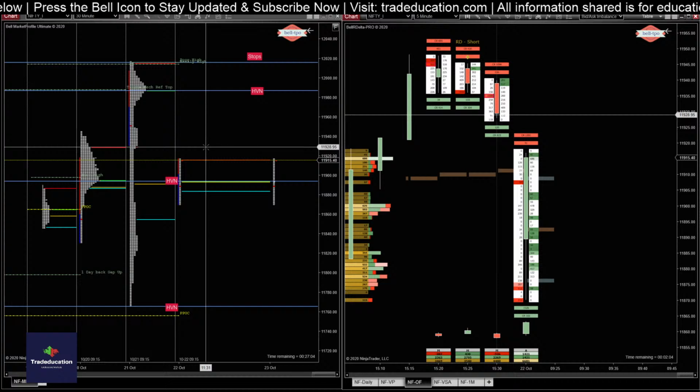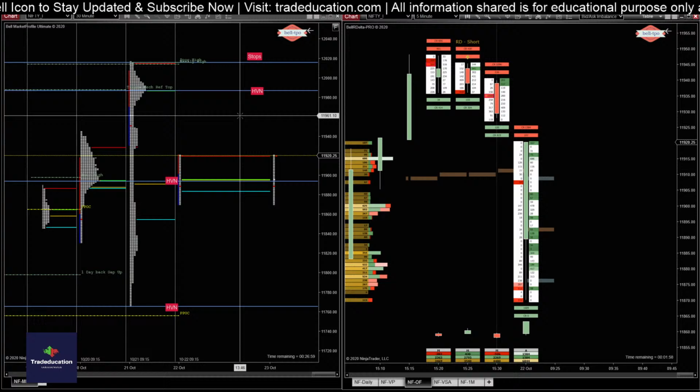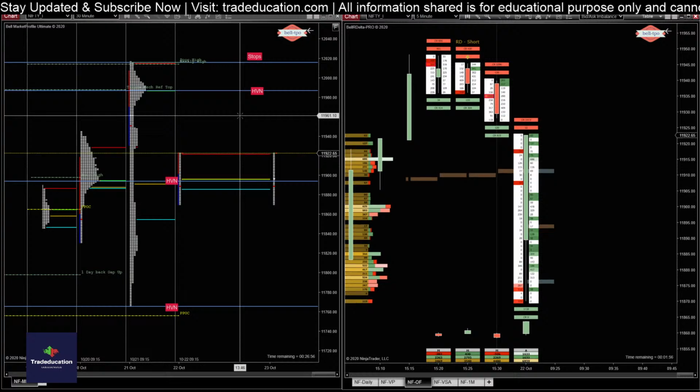So the auction is trying to reach and tag. So basically this will act as a level of reversal. Let the auction go higher.